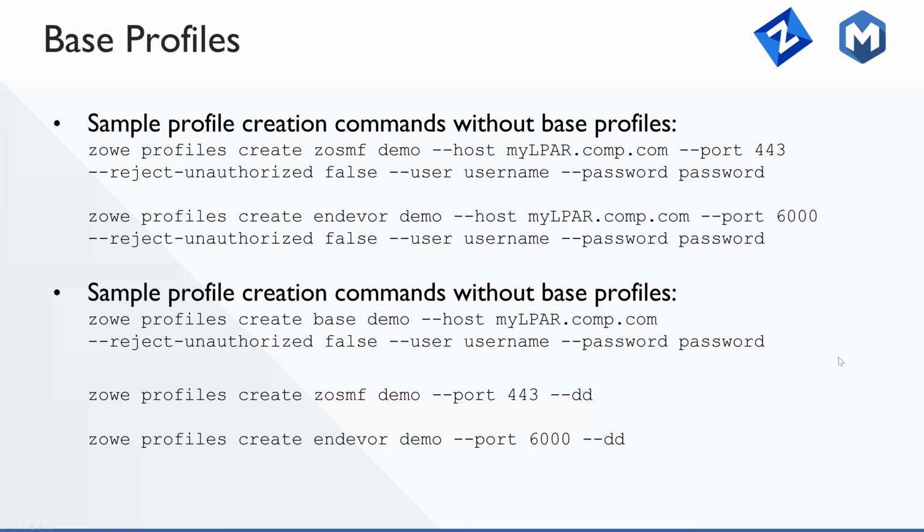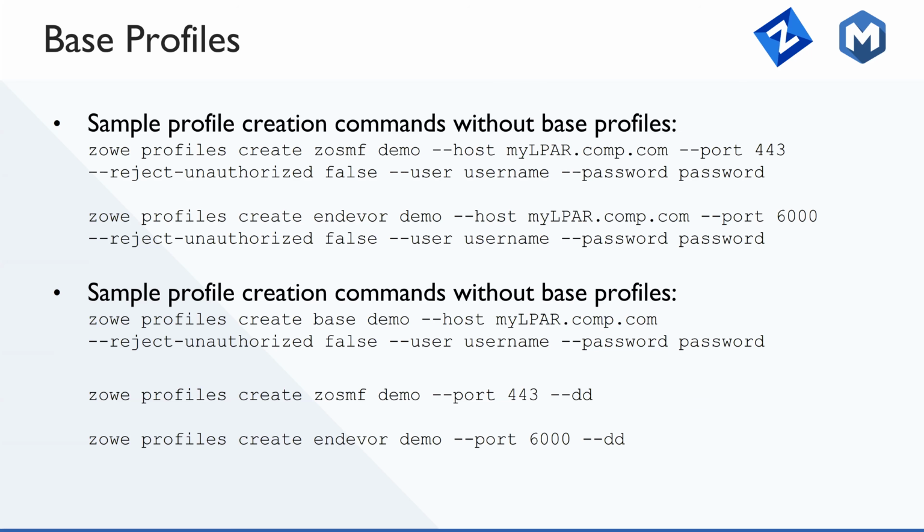So here's an example leveraging base profiles. These are sample creation commands for profiles. The first is creating a z/OSMF profile, and the second is creating an Endevor profile. So again, I have to specify all that information in both profiles.